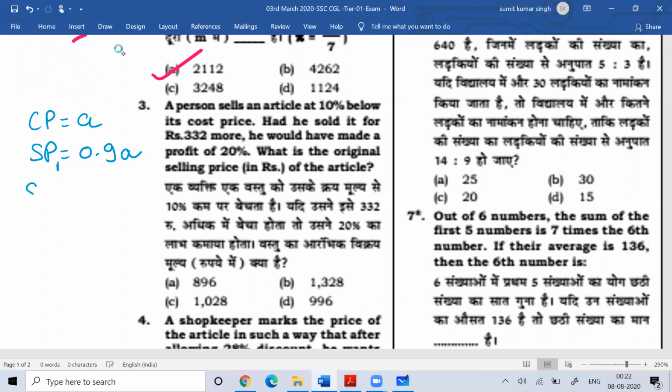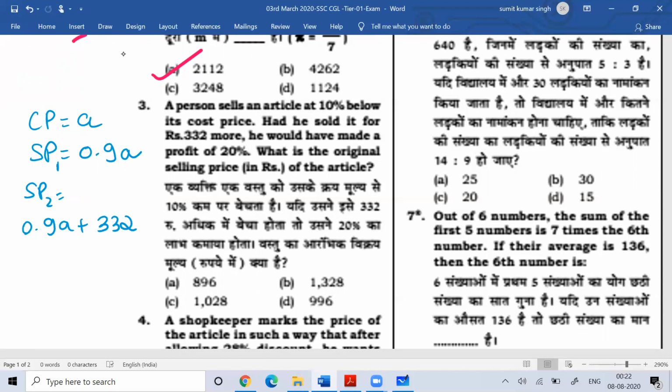so the selling price would be 0.9A plus 332. If he sells for 332 rupees more, then he would have made a profit of 20%. You know that profit is always calculated on cost price.